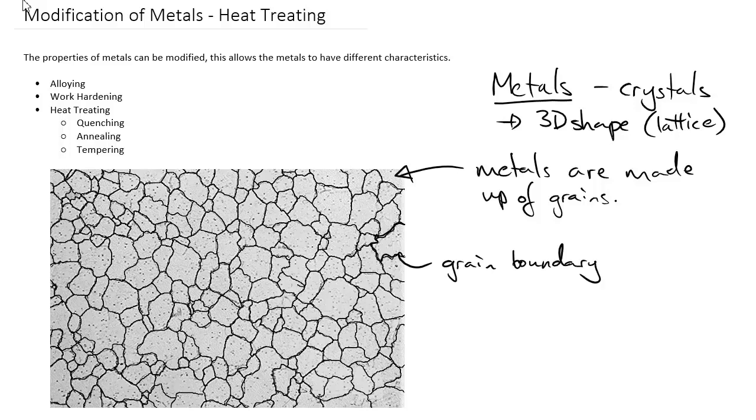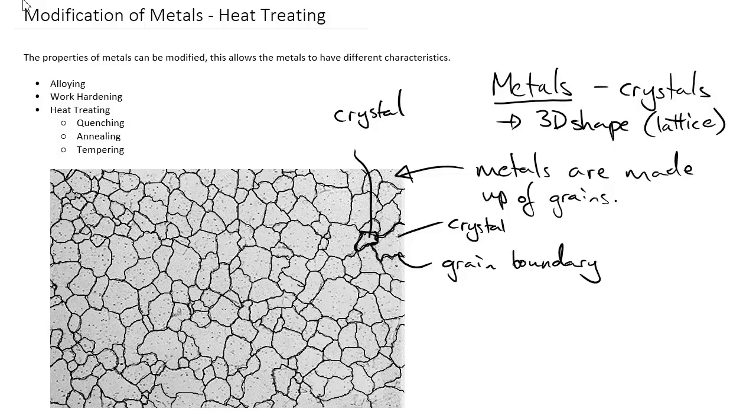And you can also see that that's one crystal, and that's another crystal that's smaller. So here you've got a smaller crystal. Now, the way in which we can modify the property of a metal is by essentially manipulating these crystal sizes.